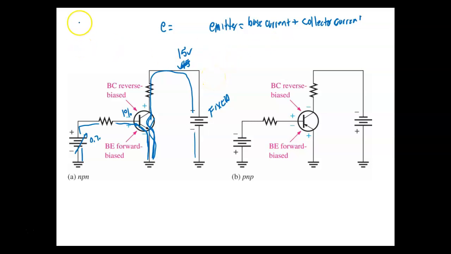So if this is the formula, IE is equal to IB plus IC. Then what would IC be equal to?